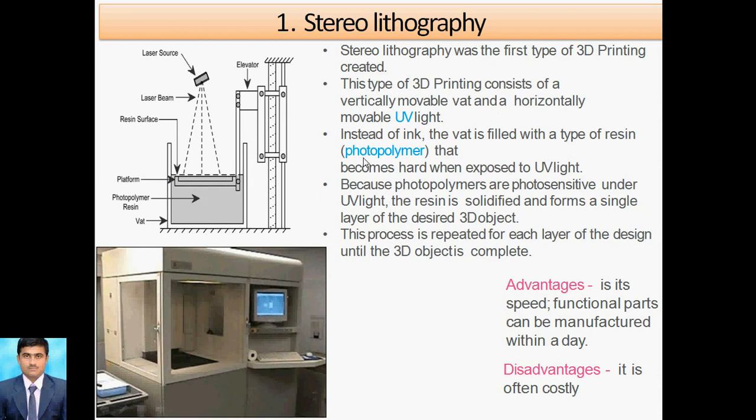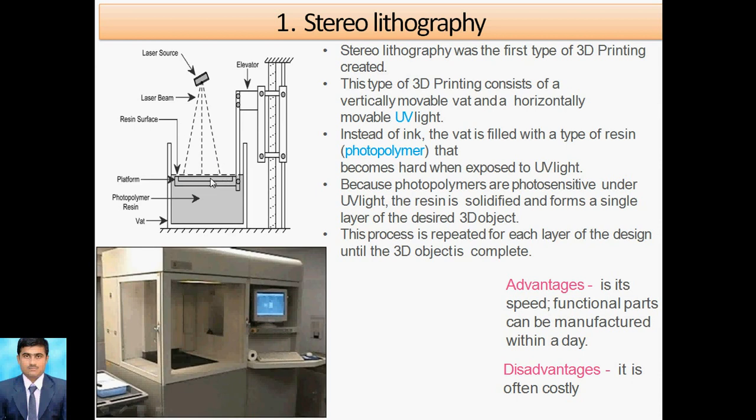That type of resin is photopolymer, so it becomes exposed to this UV light, and because of this photopolymer and UV light, the resin is solidified and forms a single layer of the desired 3D object. This process is repeated for each layer and finalizes the object.